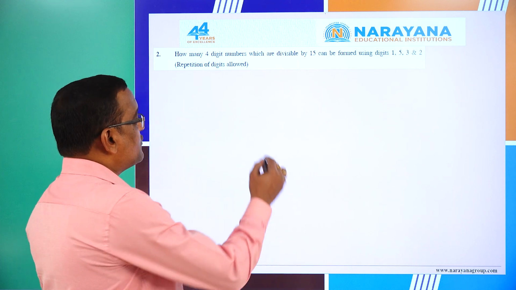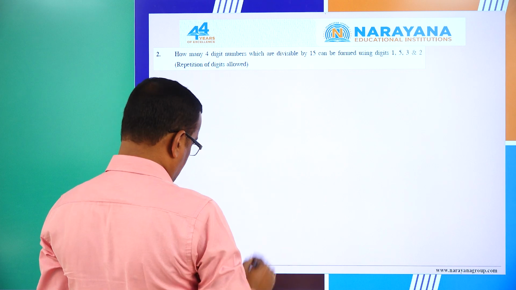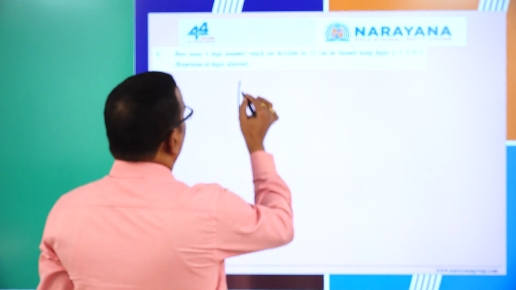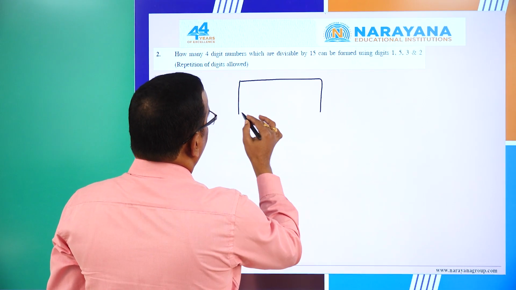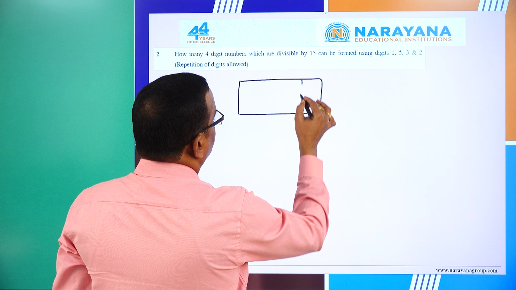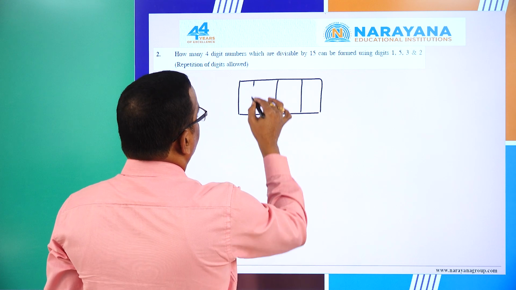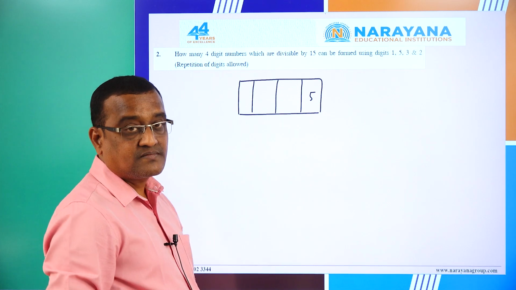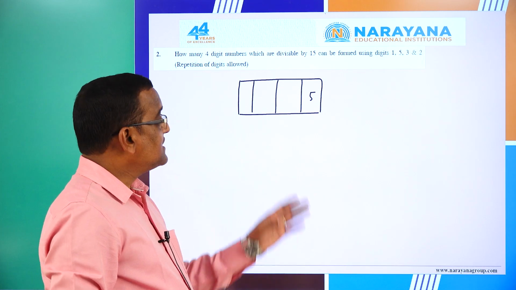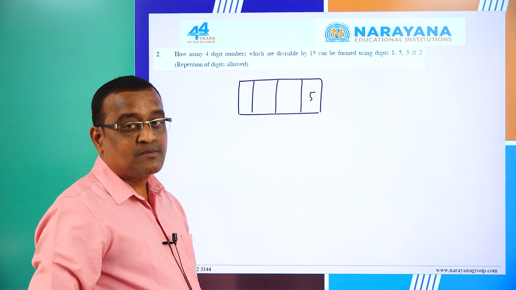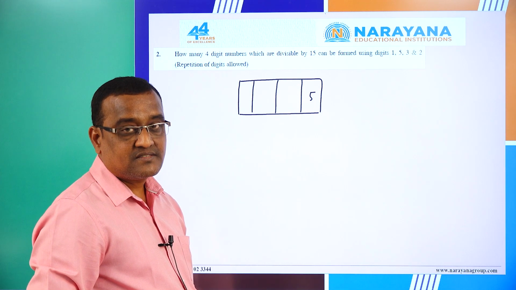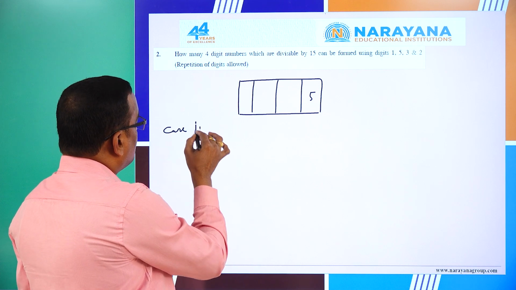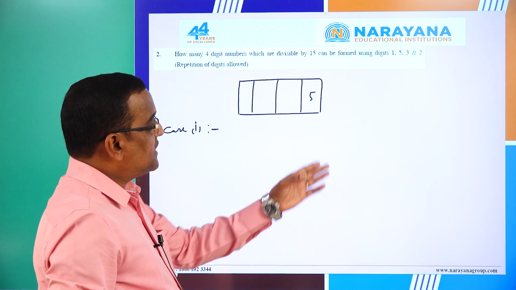Now after filling the units place with 5, we have to select the remaining 3 places from 1, 2, 3, 5, so that the sum of these 4 digits is a multiple of 3. Already the units place is filled with 5.